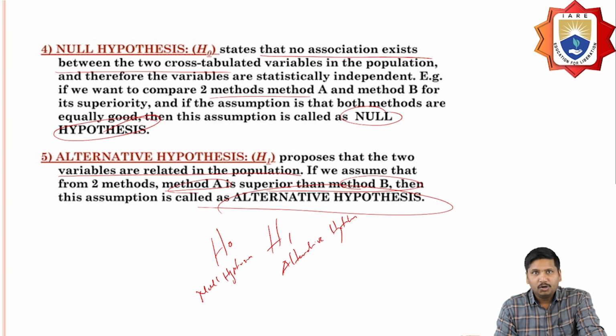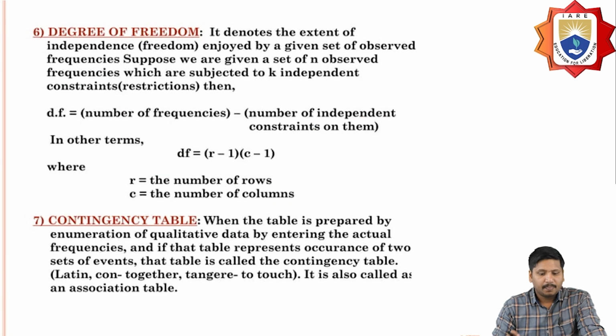So if I assume that from two methods, method A is superior to method B, this assumption is called the alternative hypothesis. And next are degrees of freedom.